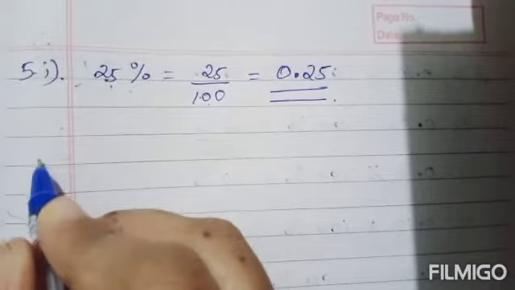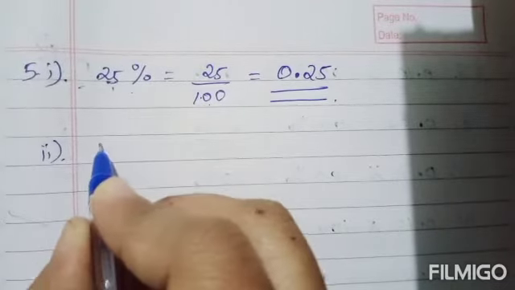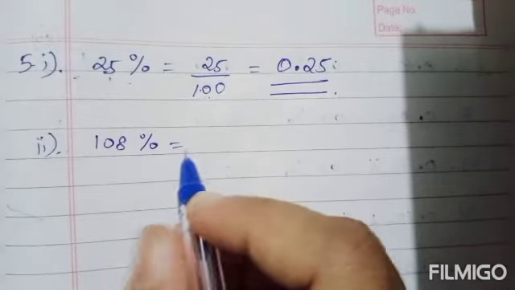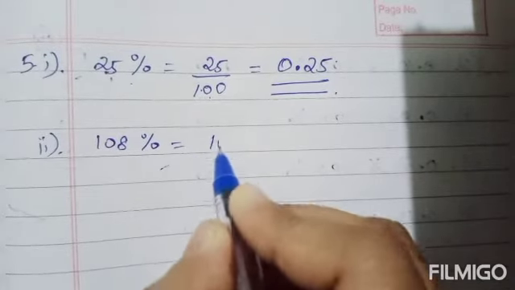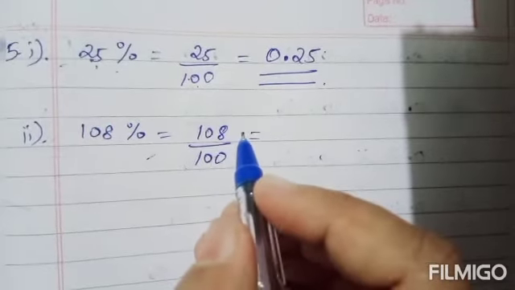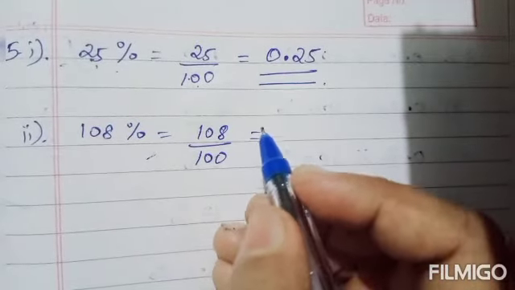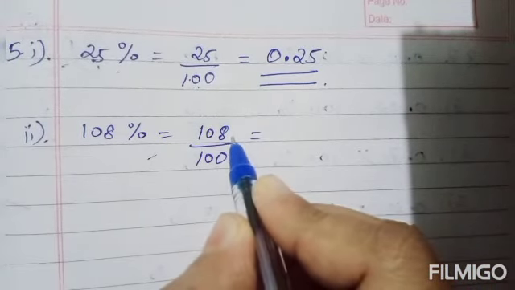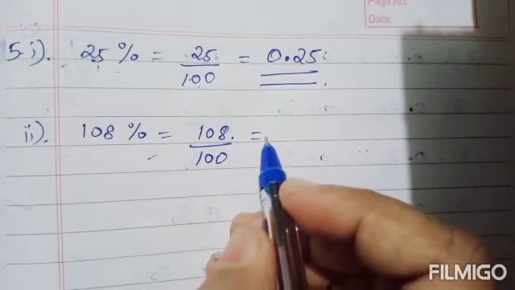Okay, now second one, 108 percentage. So 108 percentage, how can you write it in fraction? It is 108 by 100. Now converting this to decimal form. Division by 100, the decimal point will move 2 places to the left.